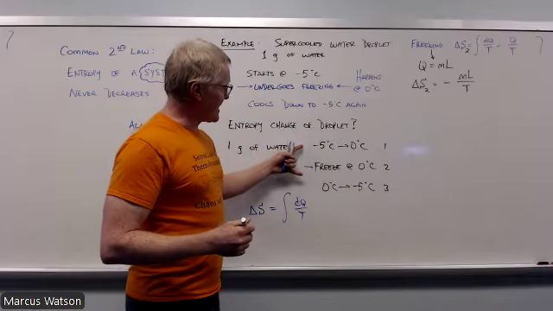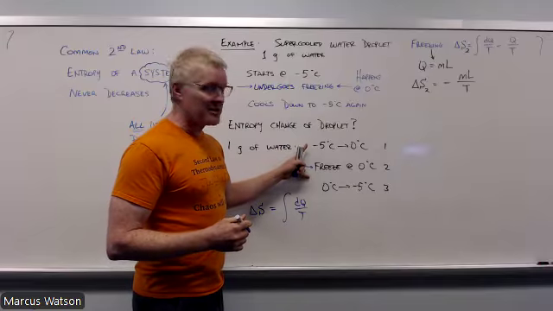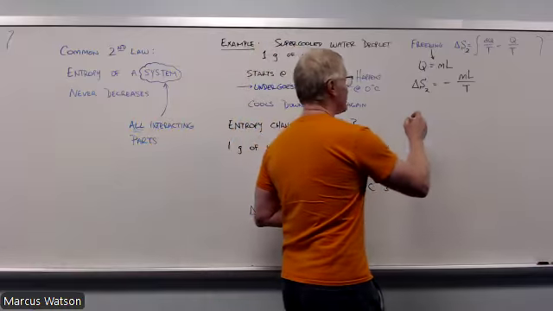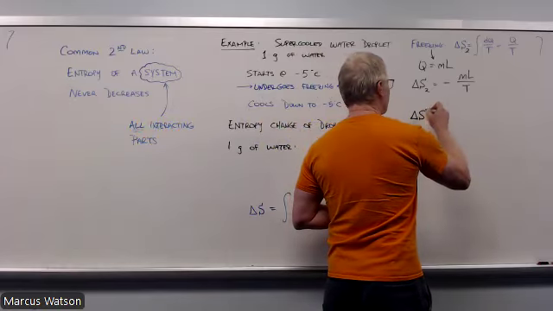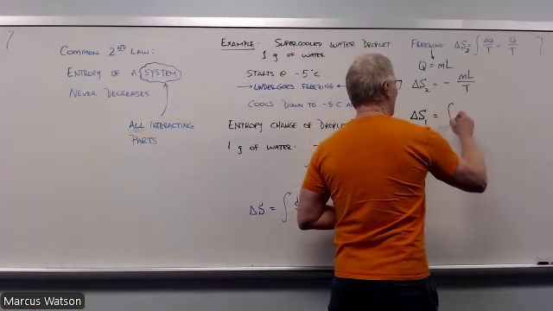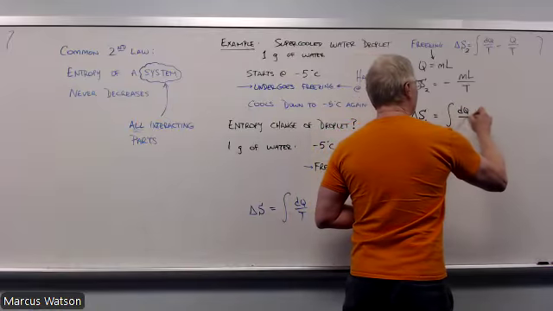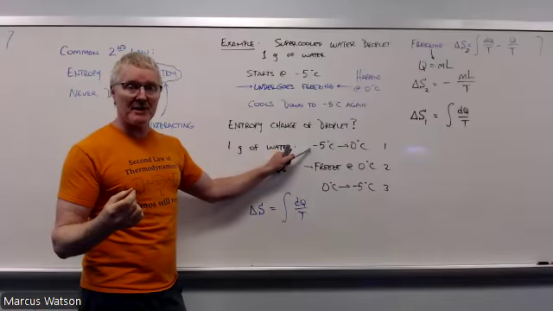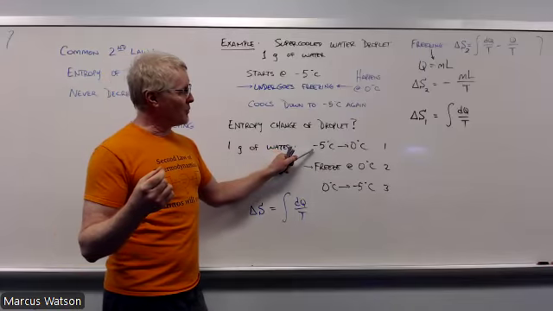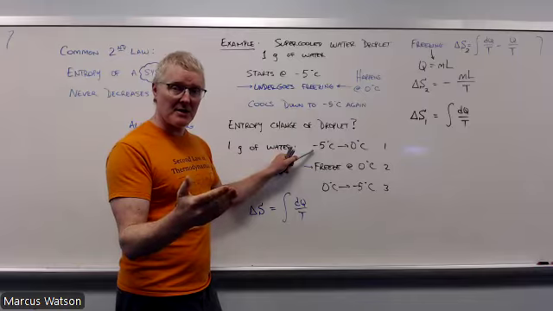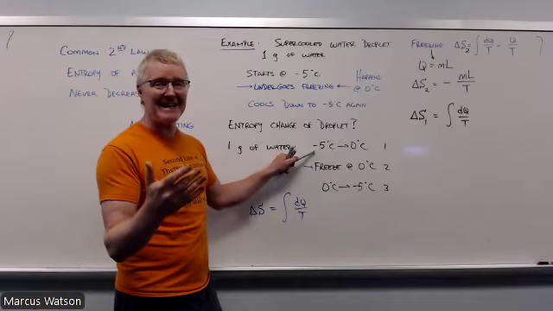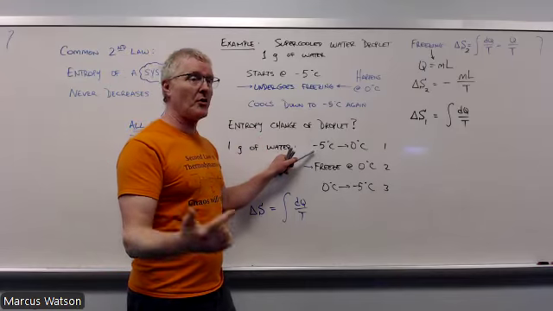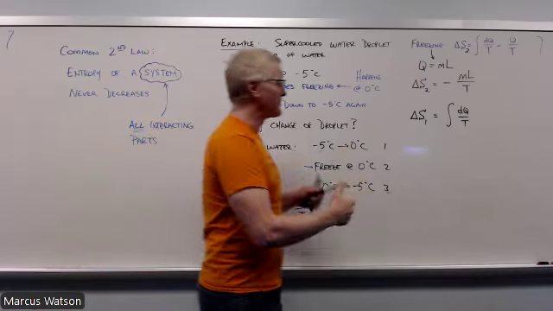Now, if I look at sections or stages 1 and 3, I can come up with a dQ over T for these. Let's suppose I'm going to start with delta S for 1. And I am again going to recognize that this is a sensible heat transfer in which the temperature changed, and therefore I can represent that heat as an mc delta T, but I want a dQ, so I'm going to use a dT.